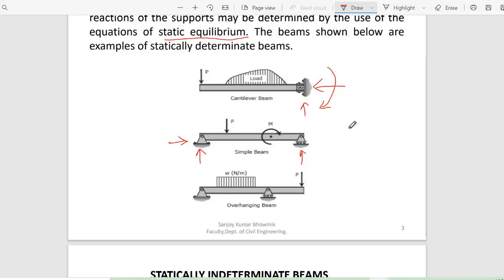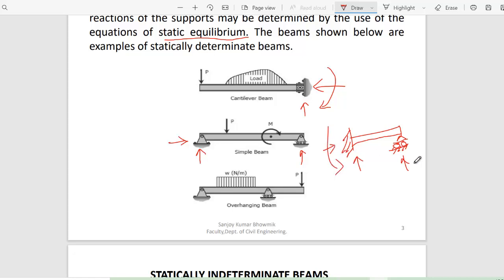Now if I say a beam has a fixed support here and a roller support here, due to the roller support there will be one reaction, right? And due to the fixed support there will be how many reactions? Three.